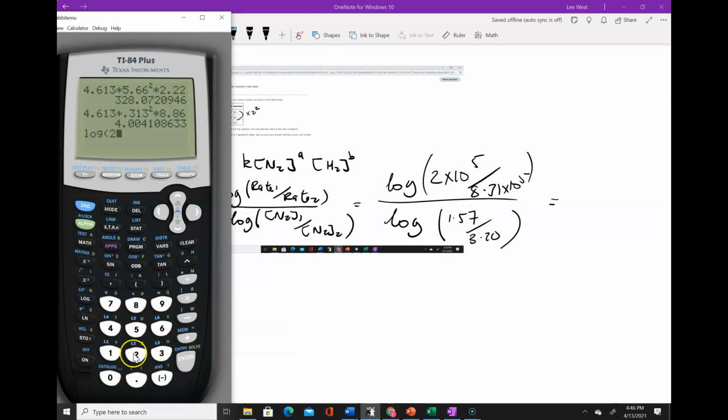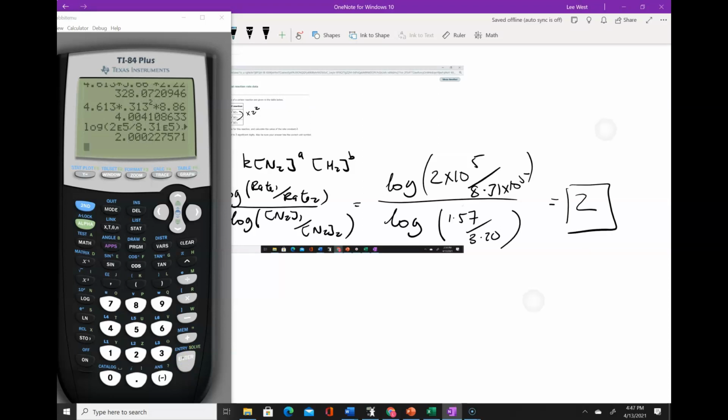Log 2 by 10 to the 5 divided by 8.31 by 10 to the 5. I guess I didn't have to put in the by 10 to the 5 if I didn't want to. Divided by log 1.57 divided by 3.2, close parentheses. Come on, 2. I knew it was going to be 2, didn't I? I told you it was going to be 2. So it is second order in N2.